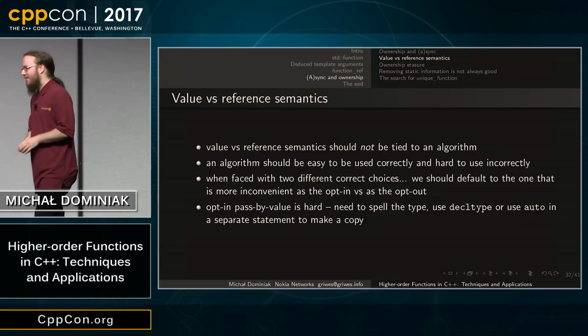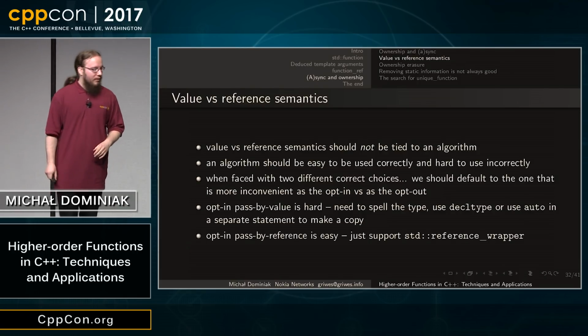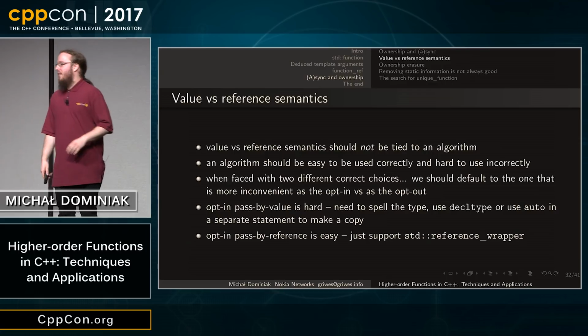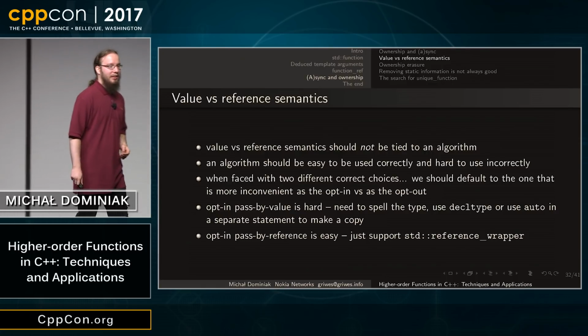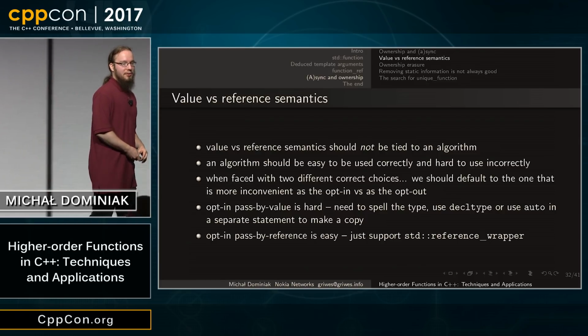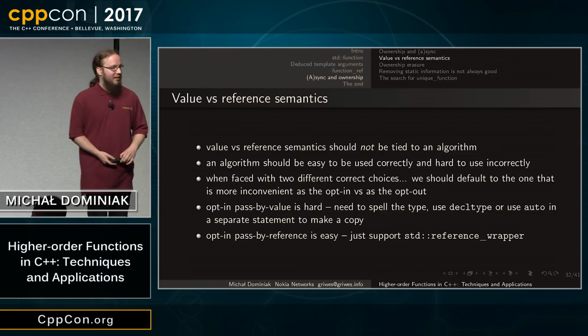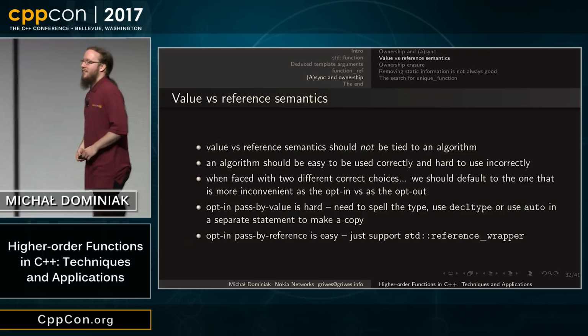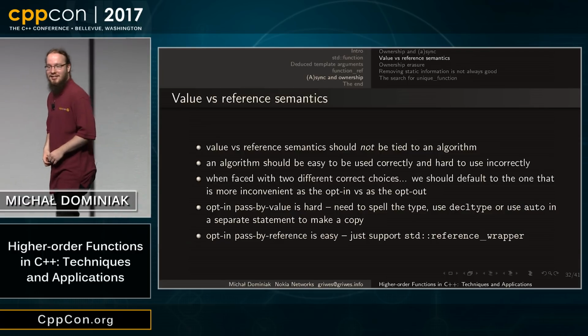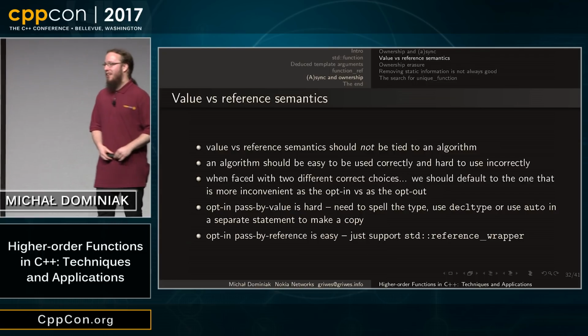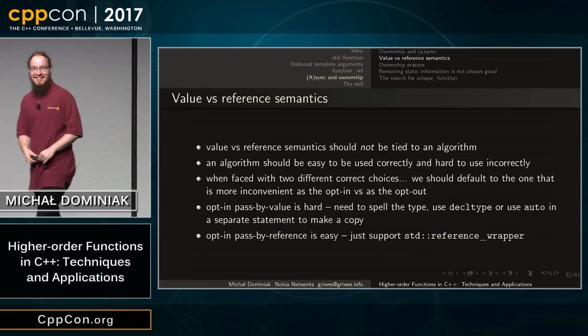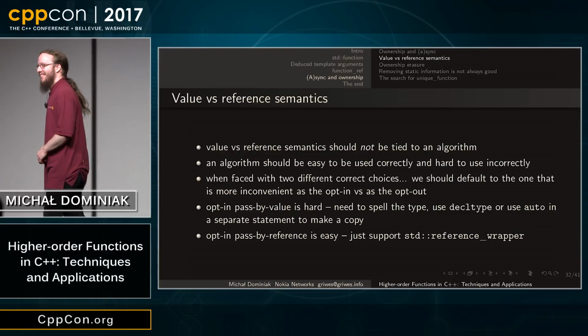Oh no. Although, when we can pass by value, we can very easily pass by reference too. There is this little thing that everybody hates that's called std::reference_wrapper. How many of you like std::reference_wrapper? Can you half raise your hand? Yes, you can half raise your hand. All right.